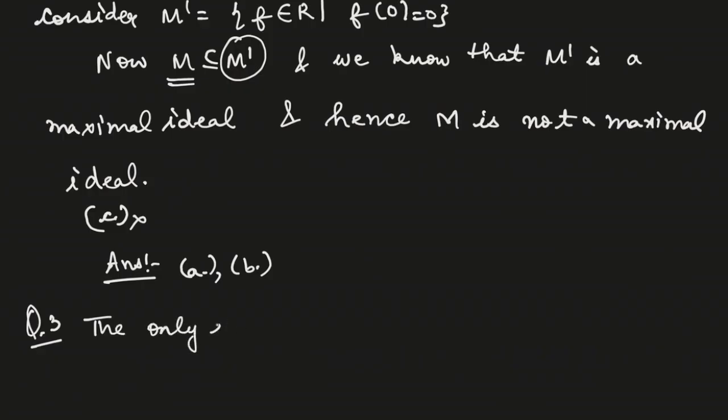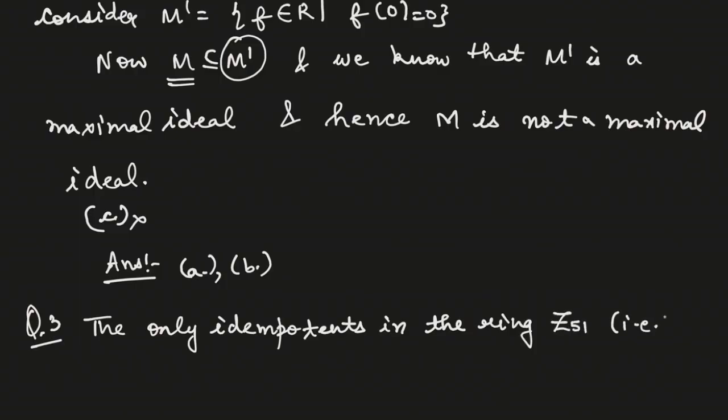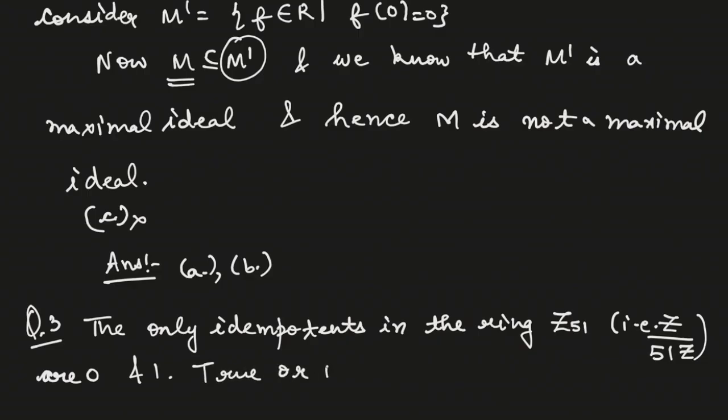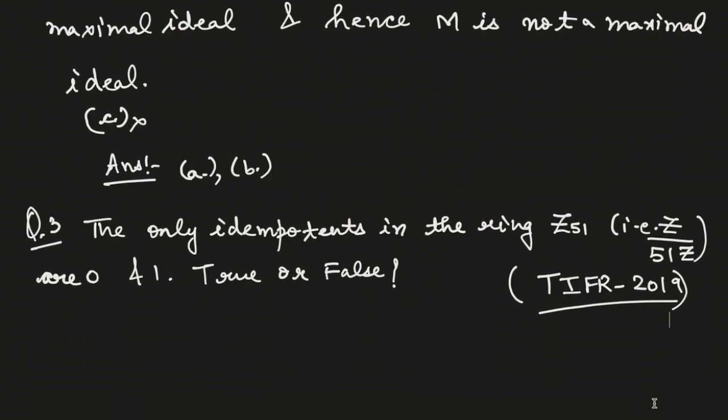So C is wrong. Answer is option A and B. The only idempotents in the ring Z51, that is Z/51Z, are 0 and 1. True or false? Paper 2019. Now Z51 has 51 elements.